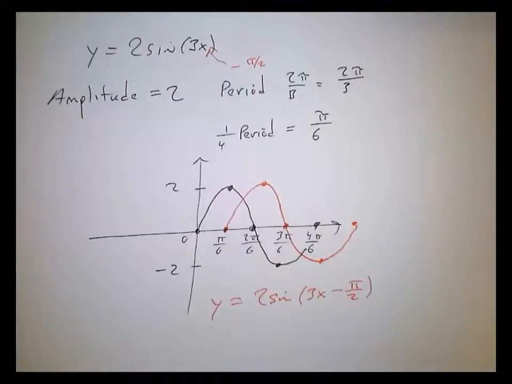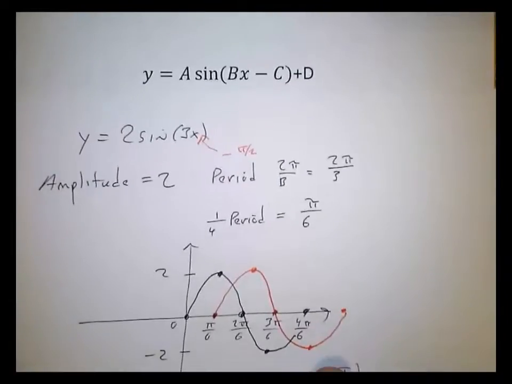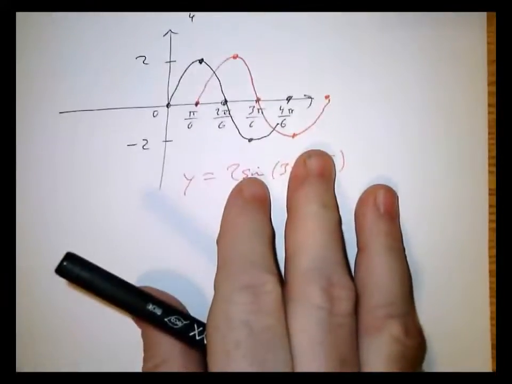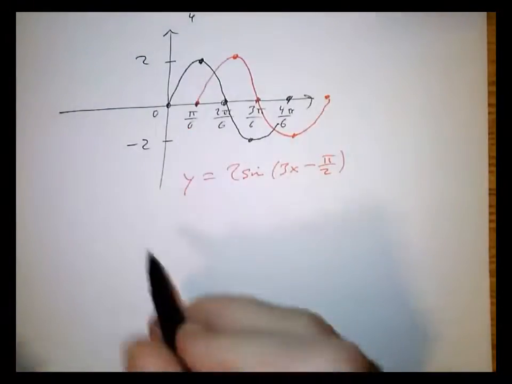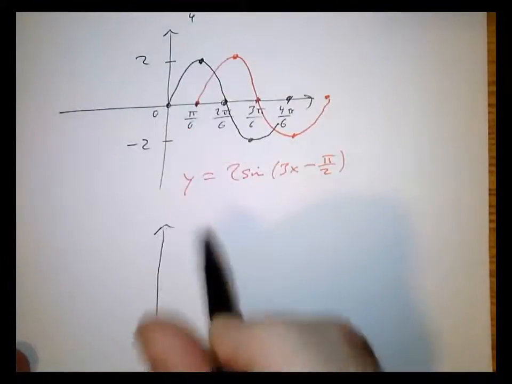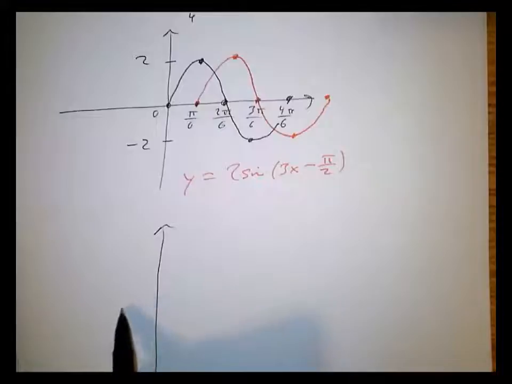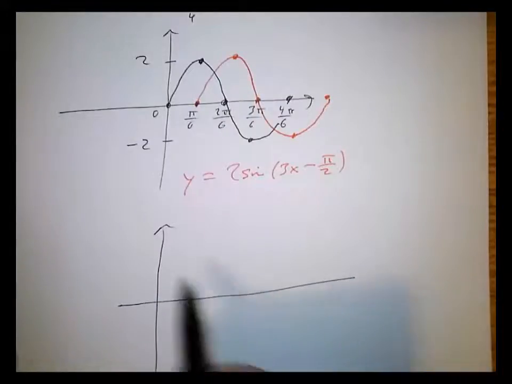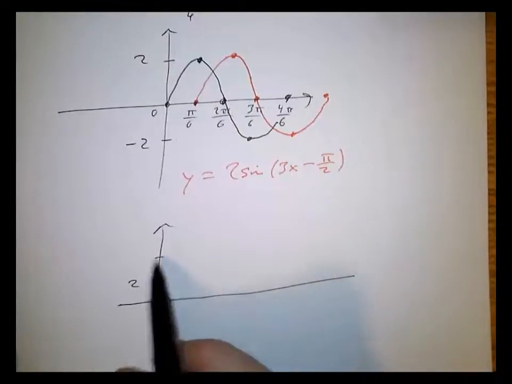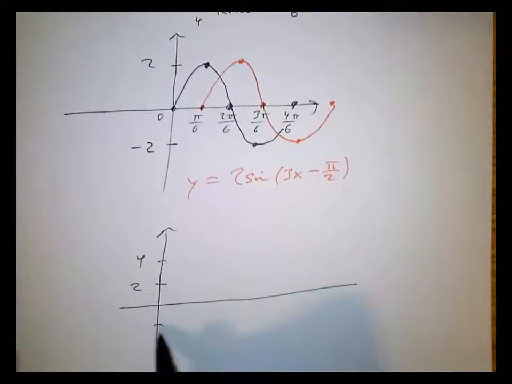Anyways, finally we have this d up here, and for that we're going to shift vertically up if d is positive and down if d is negative. So if I'm adding 2 here, basically what's going to go on here, so here's 2, here's 4, here's negative 2, negative 4.